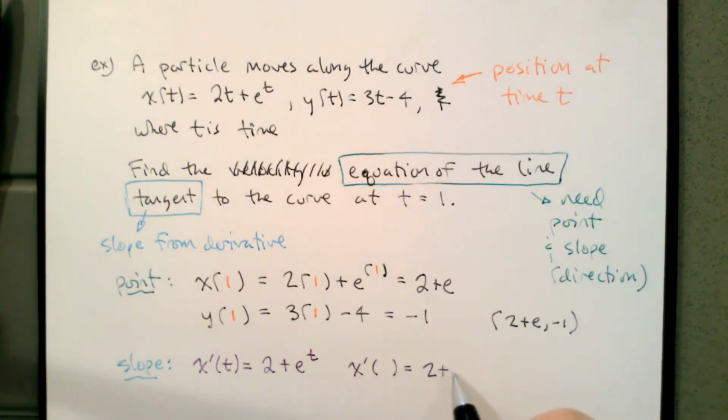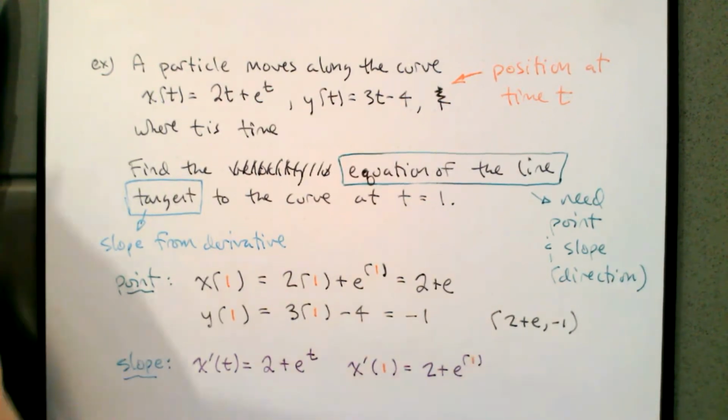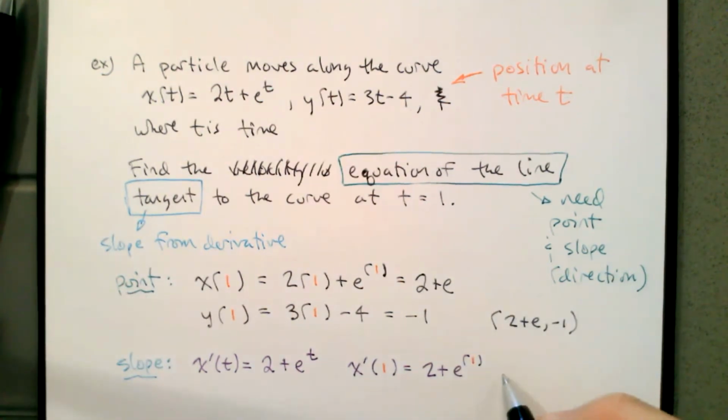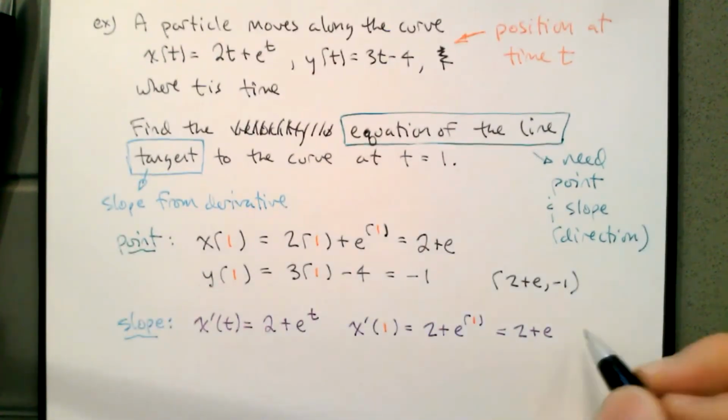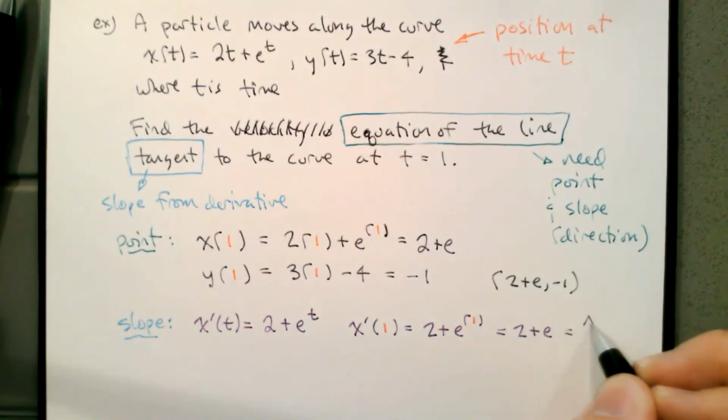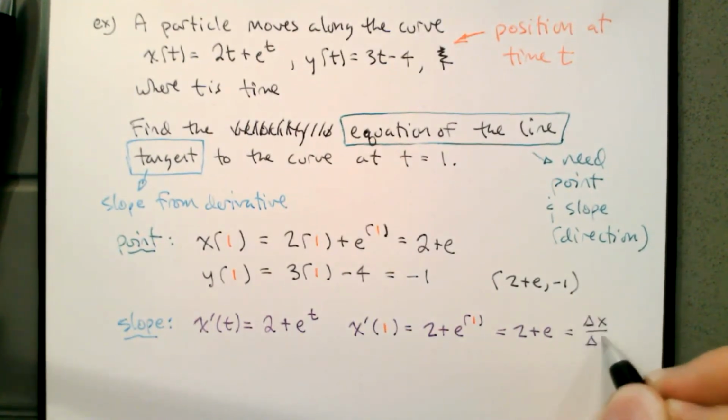That's going to be 2 plus e to the 1 power. Which is just going to be 2 plus e. Now keep in mind, this is the derivative of x with respect to t. So this is how x is changing with respect to time, not with respect to y.